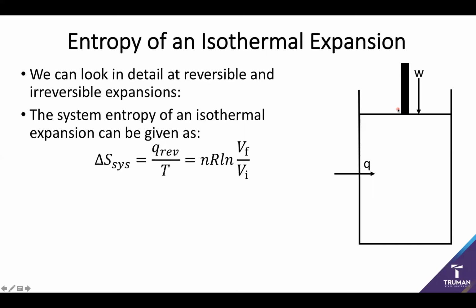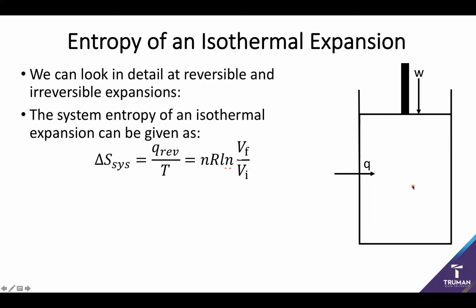For example, if I see a compression of the system and the volume decreases, the final volume is less than the initial, and this means that the natural log of the ratio will give me a negative value, and I'll see a decrease in the entropy of the system.